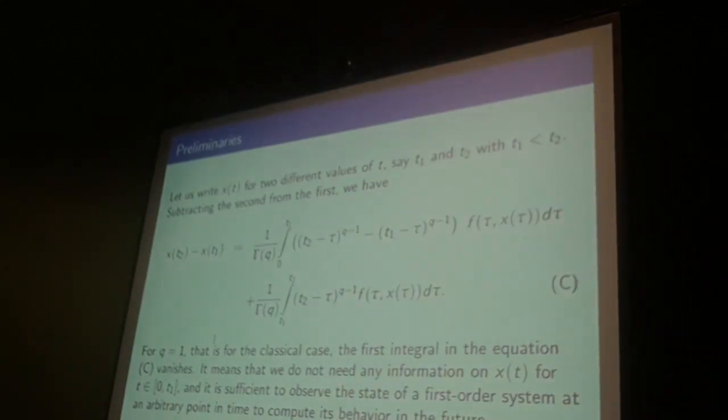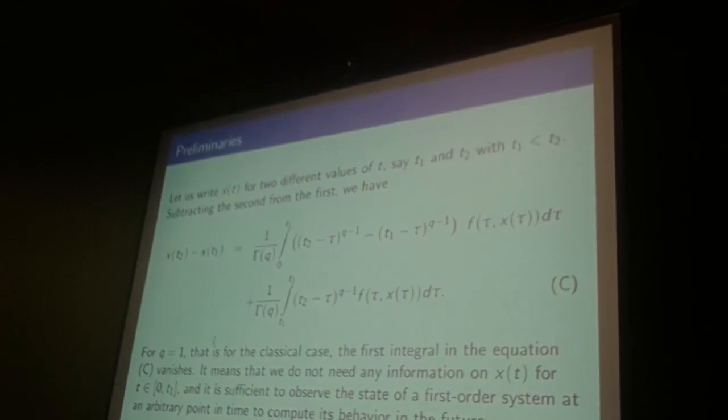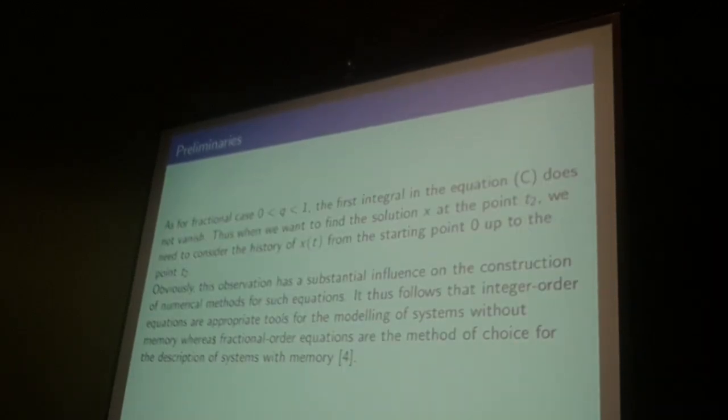It means that we don't need any extra information before t1 when we want to find the solution x(t). But in the fractional case, when q is between 0 and 1, the first integral doesn't vanish. It means that we need information before the point t1. Thus, fractional order systems are more appropriate tools to model systems with memory.